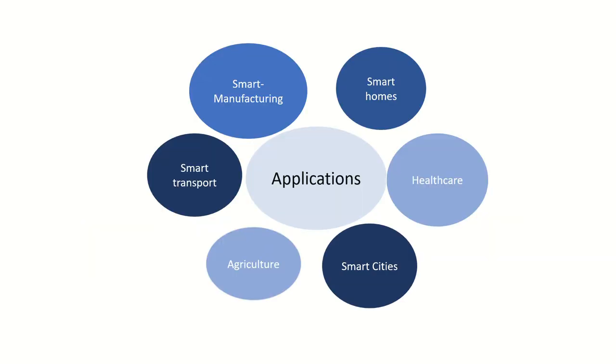Next, IoT applications. IoT has several applications such as smart manufacturing, smart homes, healthcare, smart cities, agriculture, smart transport. IoT is applicable for all these things. Let's take an example of healthcare. In healthcare, applications can be remote patient monitoring and smart wearables.